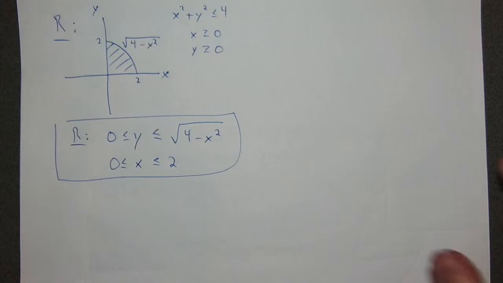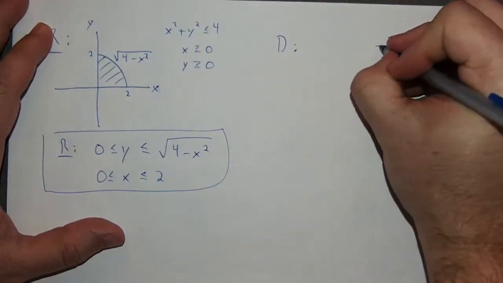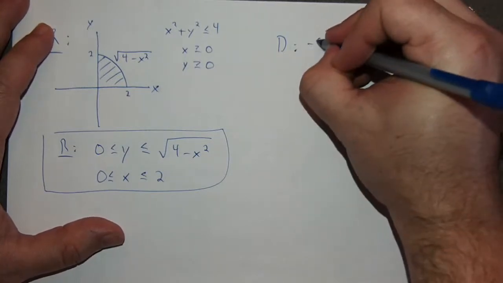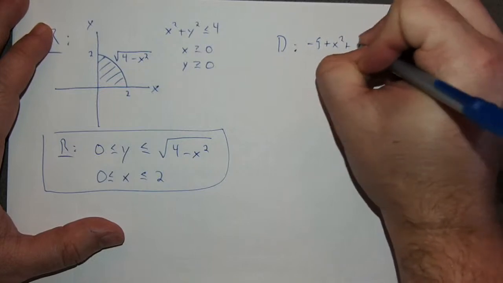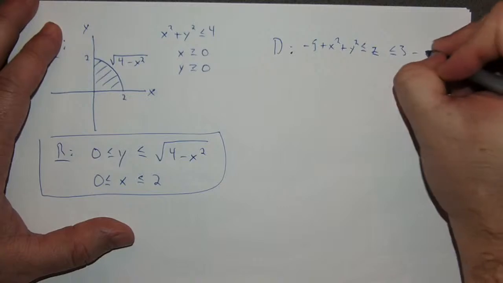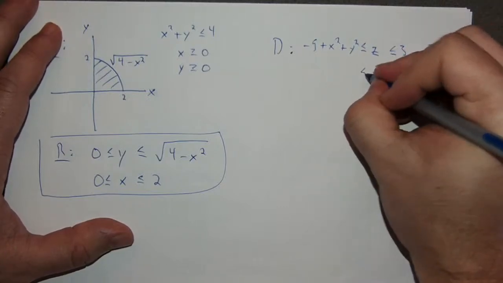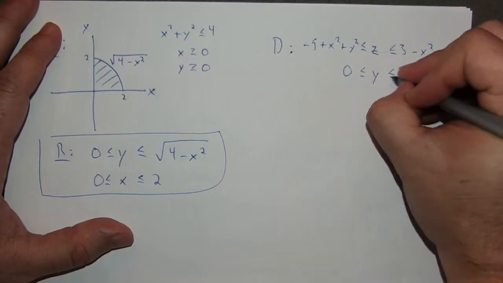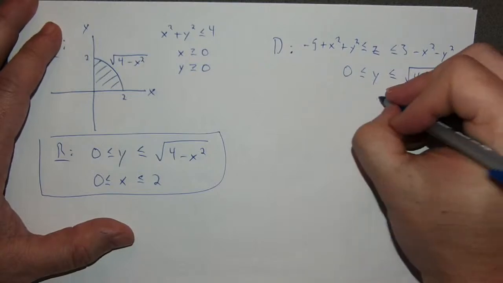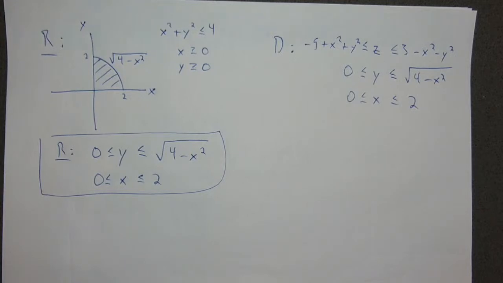So then, totally describing my region D as required, I have z bounded below by minus 5 plus x squared plus y squared, bounded above by 3 minus x squared minus y squared. I have y bounded below by 0 and above by square root of 4 minus x squared. And I have x bounded below by 0 and above by 2.